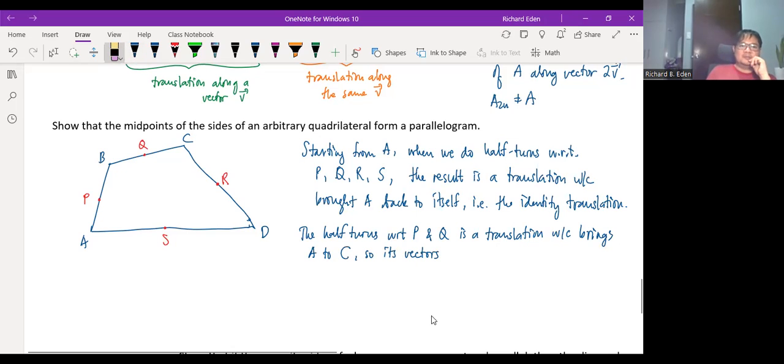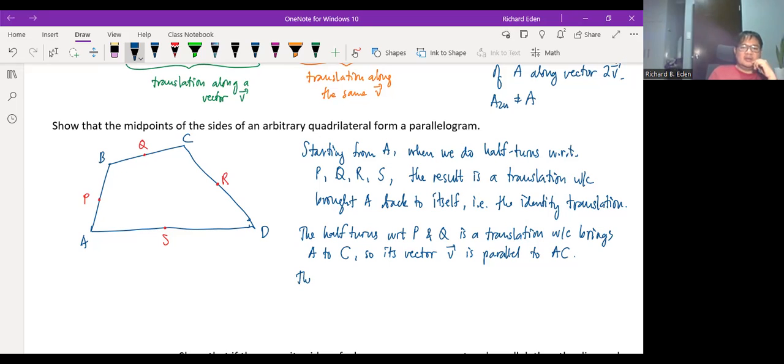Okay. So its vector, so its vector V is parallel to AC.